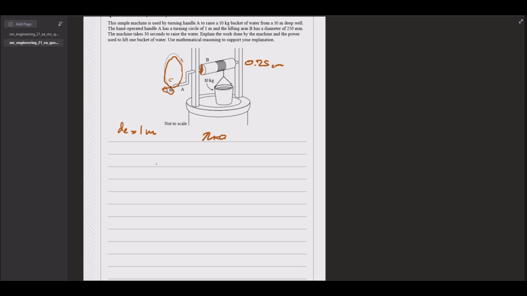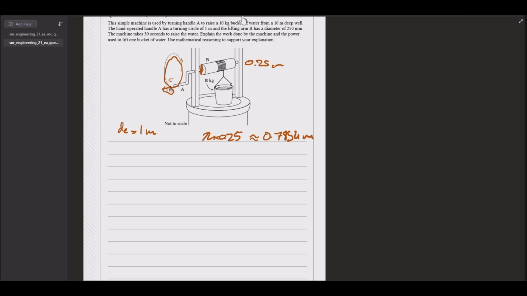Pi times 0.25 is going to give us the amount of rope that drops from 1 revolution of turning A. And that's going to be roughly 0.7854 meters.